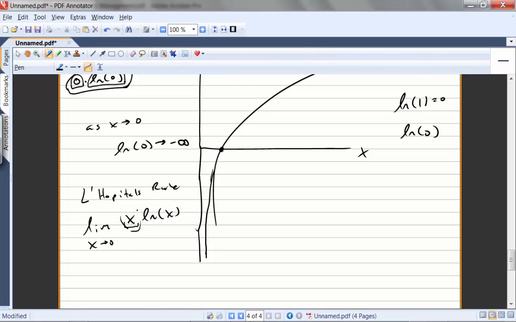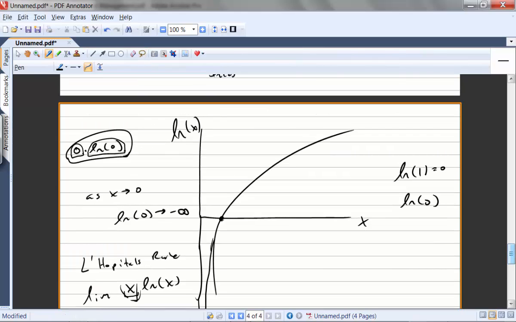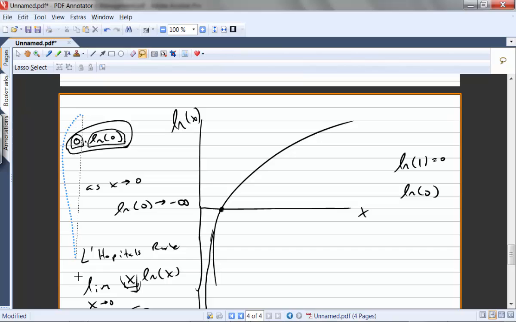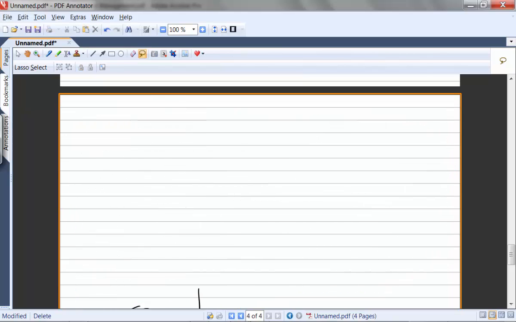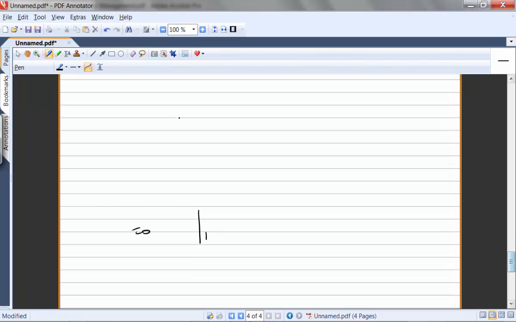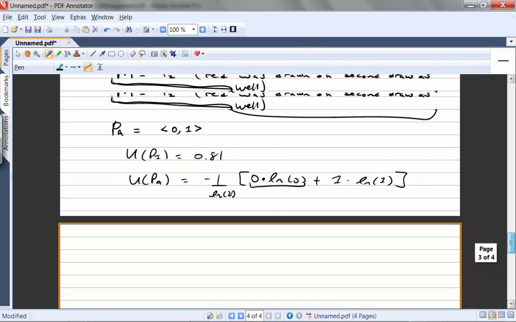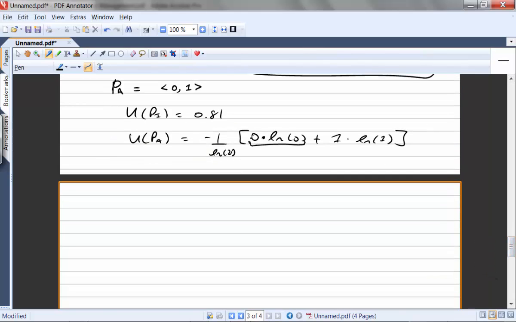So this wins out right here, and it does equal 0. So I'll save you all the calculus. But you always have to do that whenever you have what are called limits of indeterminate form. You don't know which one wins out. You have to use some technique in calculus to figure out what the limit is. So the point is 0 times log 0 is just 0.